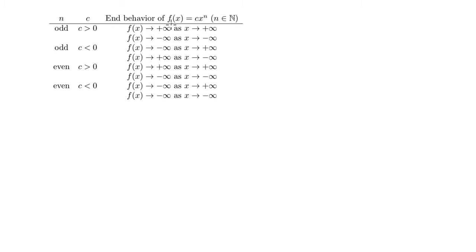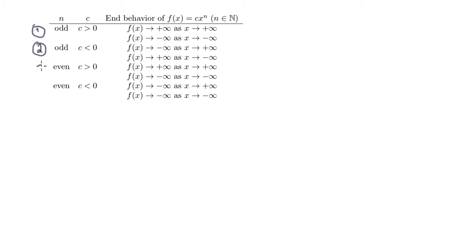So we're assuming that we have a power function, c x to the n. Now I'm using n here because I only want to consider the case where n is actually a natural number. So that would be a non-negative integer not including 0. So 1, 2, 3, 4, 5, etc. And what we see is that we have 4 cases.